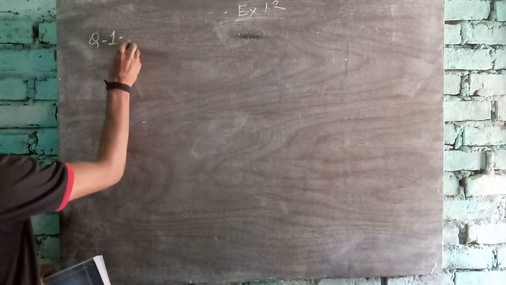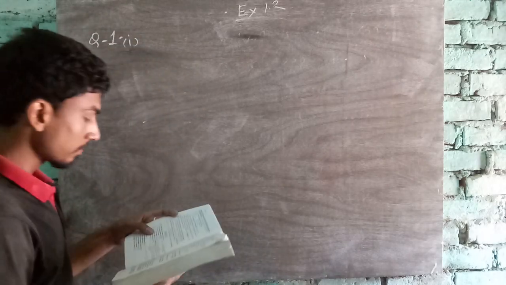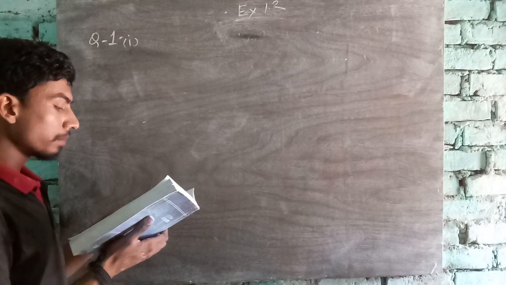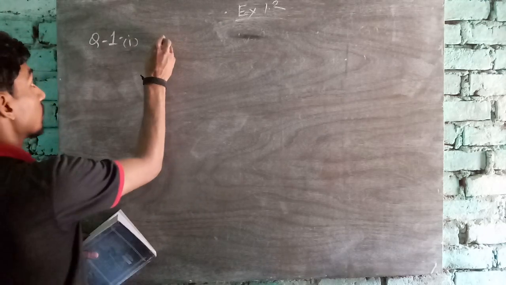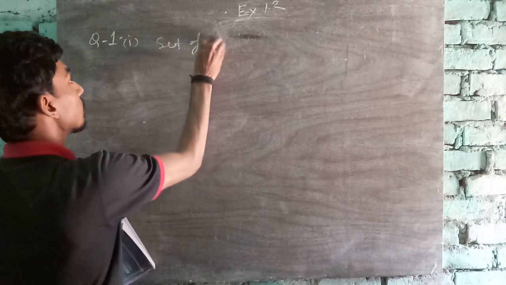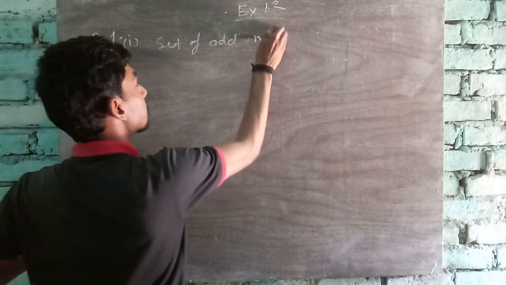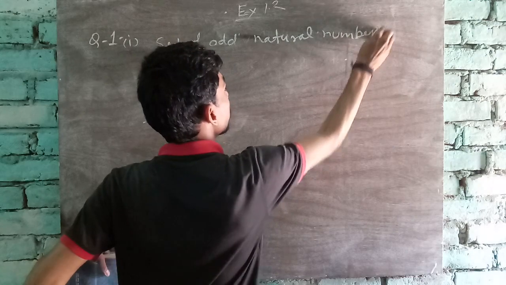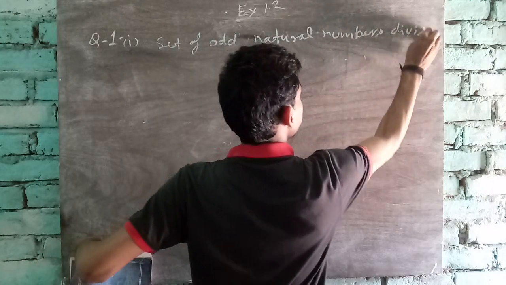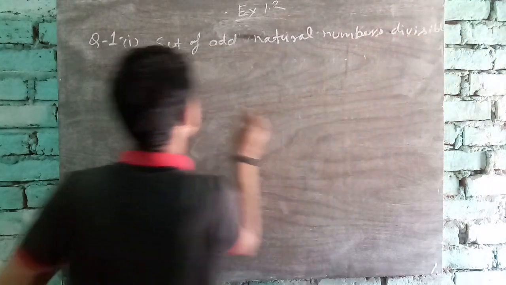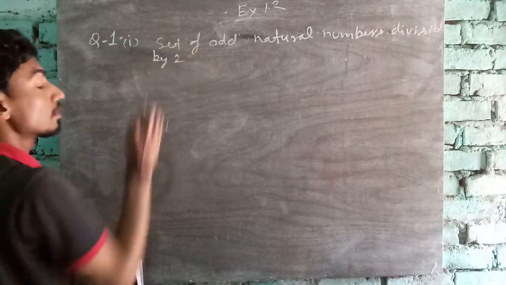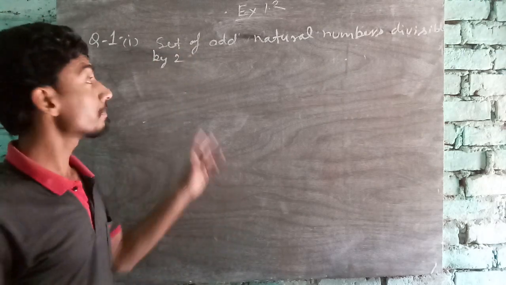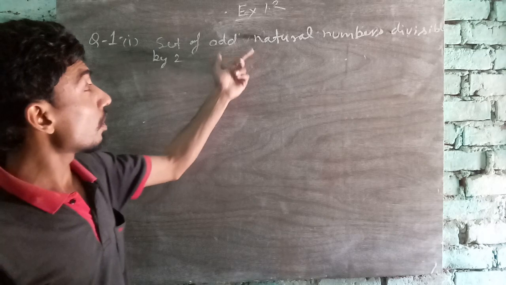First, set of odd natural numbers divisible by 2. This set is of odd natural numbers.